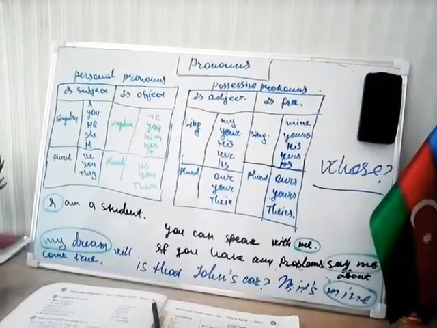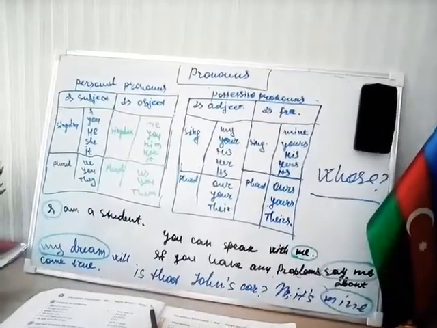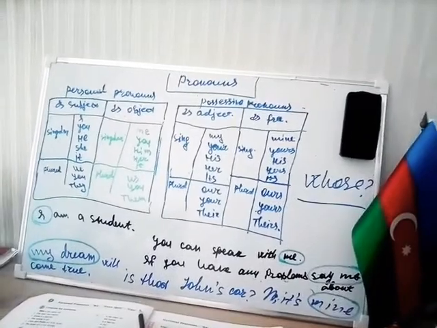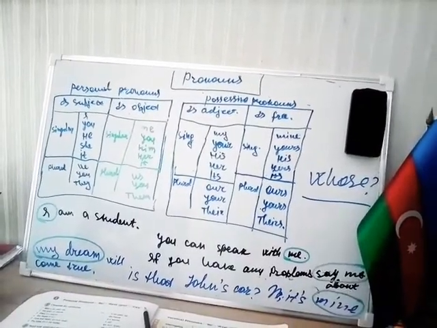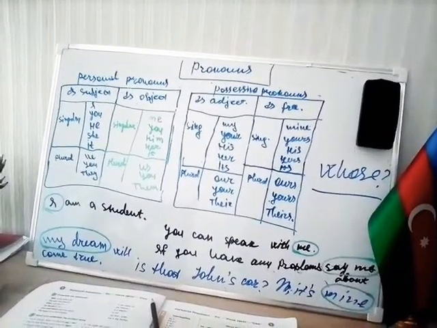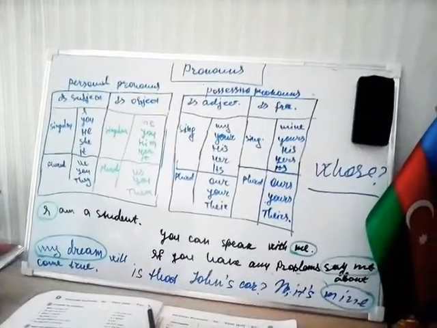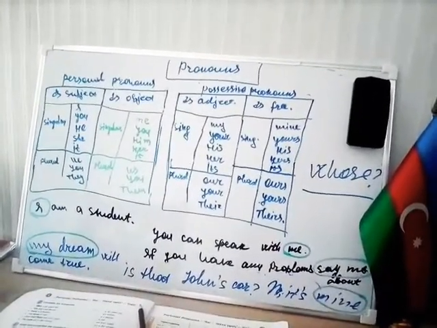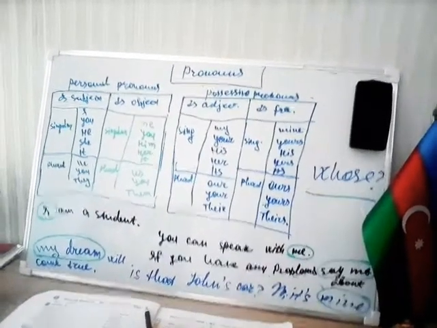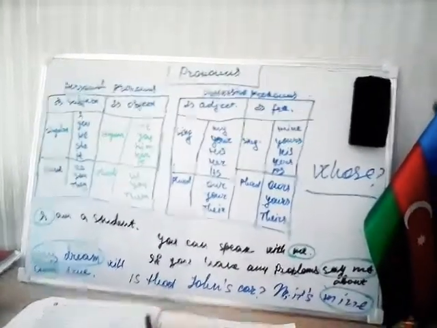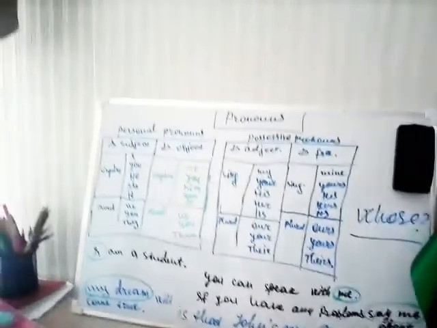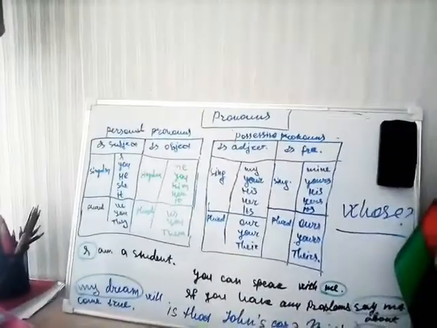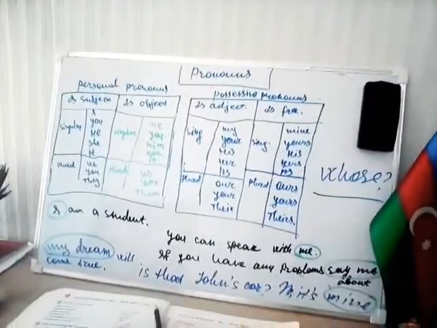The explanation now goes to possessive pronouns. These possessive pronouns don't have an apostrophe, you know, and we can use possessive pronouns instead of a full noun phrase to avoid repeating words. For example, is that John's car? No, it's mine.